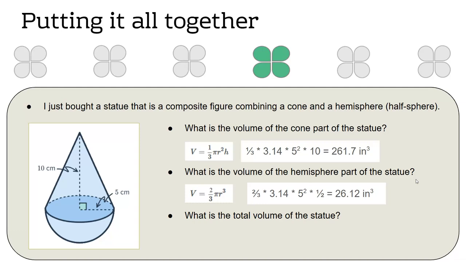Now for the total volume of the statue, all I need to do is take the volume of my cone plus the volume of my hemisphere, add them together, and I get the volume of my statue, which is 287.82 inches cubed.